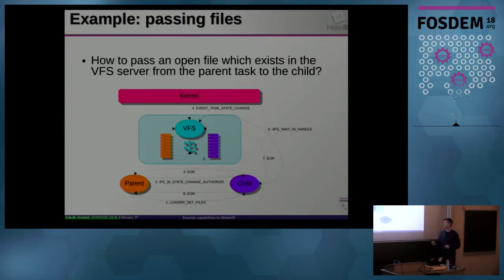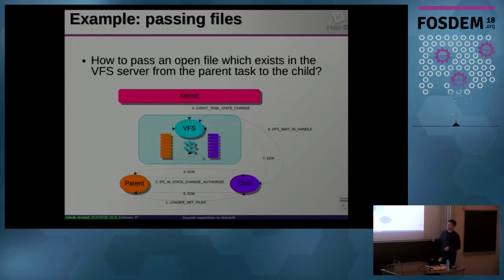So basically the parent starts by telling the child, hey child, now I'm going to send you a file. And immediately afterwards it says, and now I'm using a kernel recognized IPC call method, IPC state change authorized. And the child says, okay.